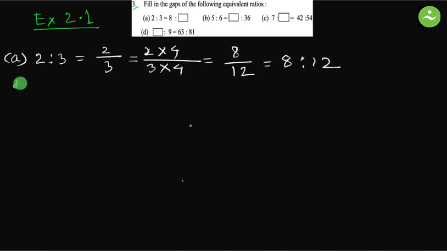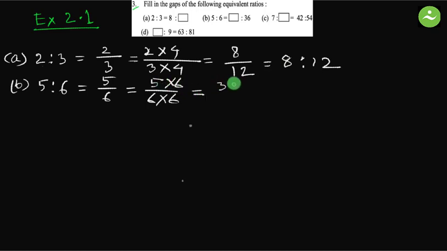Similarly, we will do B. 5:6. We know 5:6 means 5 by 6 equals to. We have to find out the first quantity when the second quantity is 36. Second quantity is 36 means 6 has to be multiplied by 6 to make it 36. So it is 5 into 6 equals to 5 into 6 is 30.